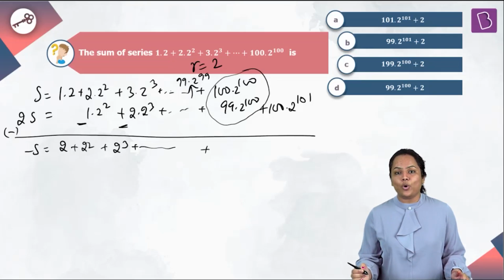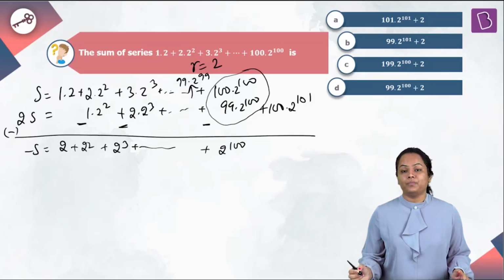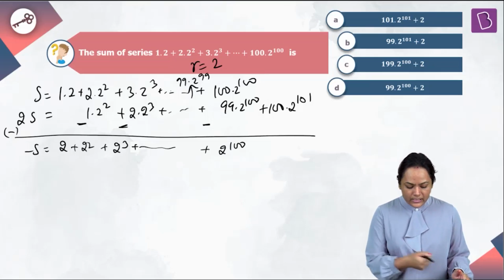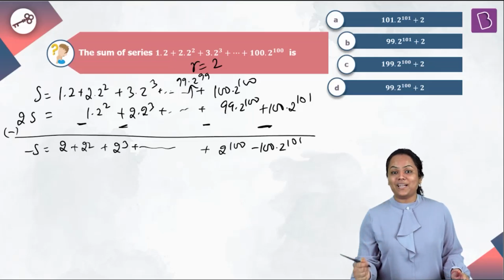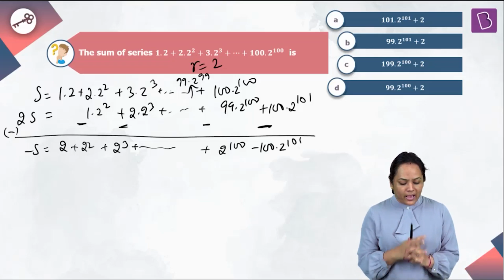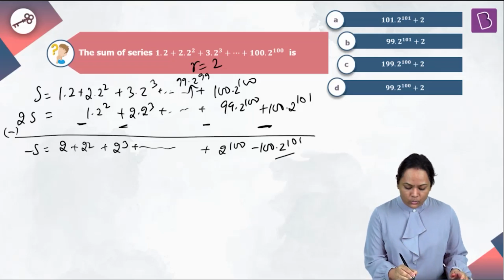That is equal to what? When I subtract this, it will become 2 raised to 100. Okay, so now I have these terms, and the last term is also there: 100 into 2 raised to 101. Don't forget to write the last term. So now I have some sequence minus the last term, that is 100 into 2 raised to 101.